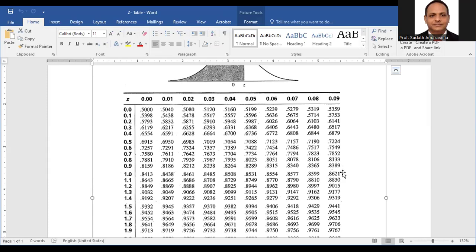Right? Assume we are going to use the non-cumulative table. You can go to the internet and download it. Right? The non-cumulative table, you already know, has figures given without 0.5. If you are going to check 1.09, you just select the Z column 1.0 and the top of the column 0.09.